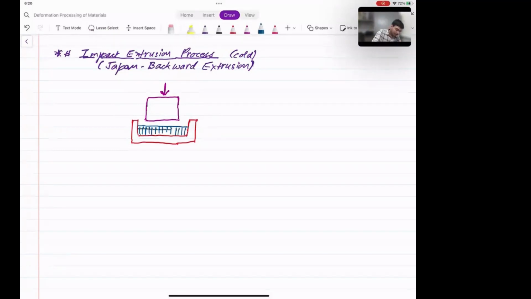So this is our billet. This is the die. Okay. After this punch presses this billet into the die or mold, we get the final extruded product.